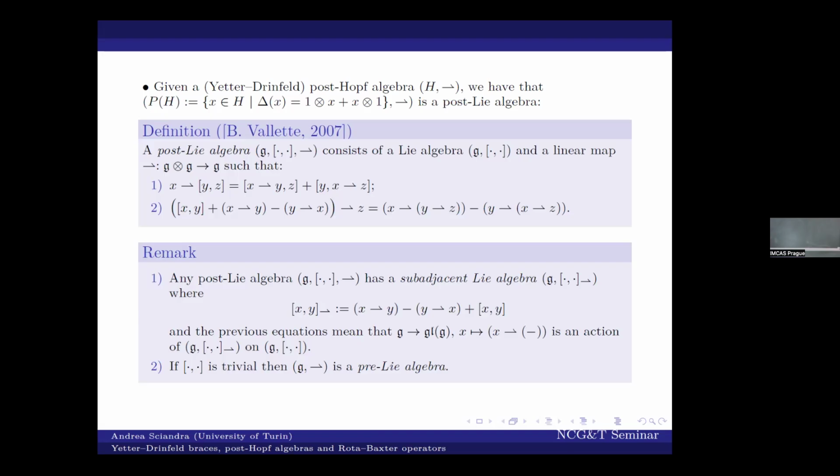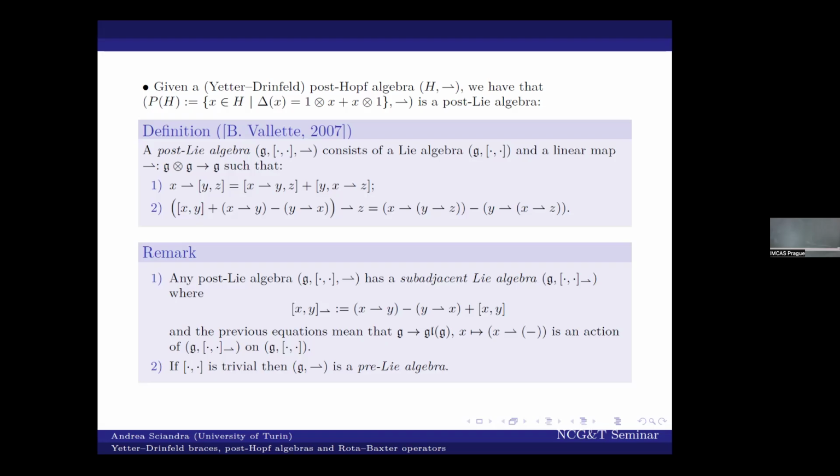Consider the primitive elements of your Hopf algebra. This is a Lie algebra with commutator, and with the starting harpoon, this is a post-Lie algebra in the sense of Vallette. So a post-Lie algebra is just the datum of a Lie algebra G together with a linear map from G tensor G to G, such that these two conditions are satisfied.